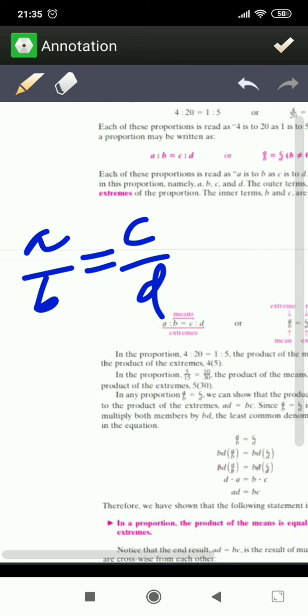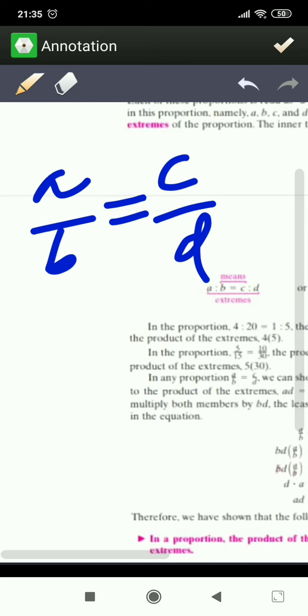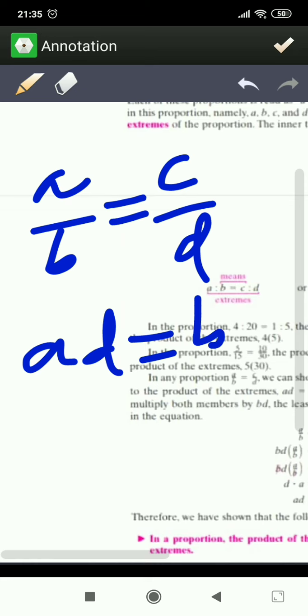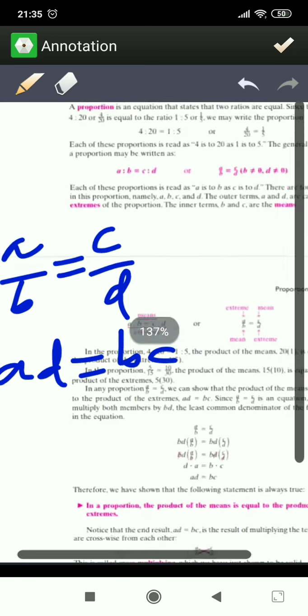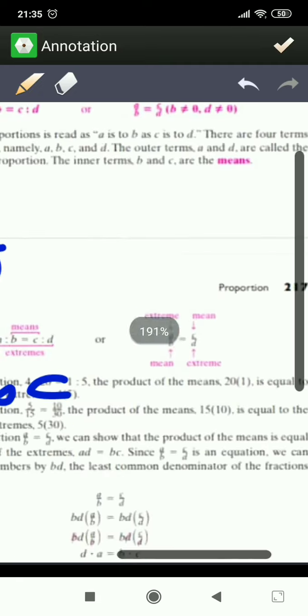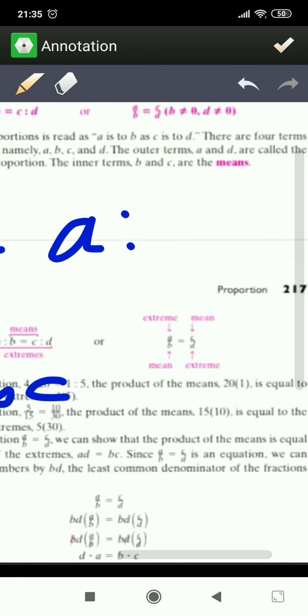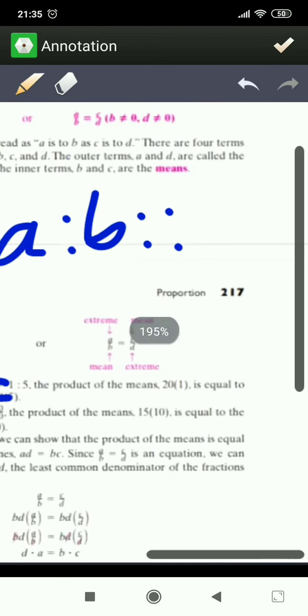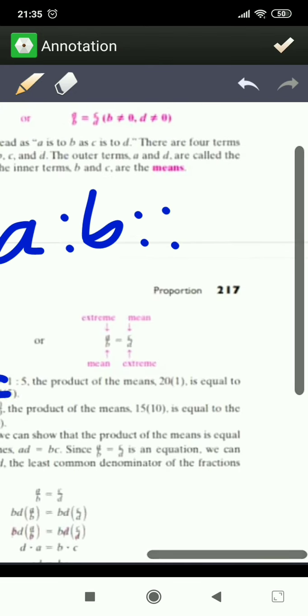We know already cross multiplication proves it always. So do cross multiplication: A into D is equivalent to B into C. These two ratios or fractions are equal. A is to B as C is to D. These are means only, these are extremes only.